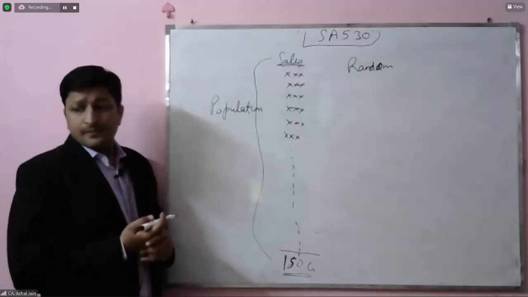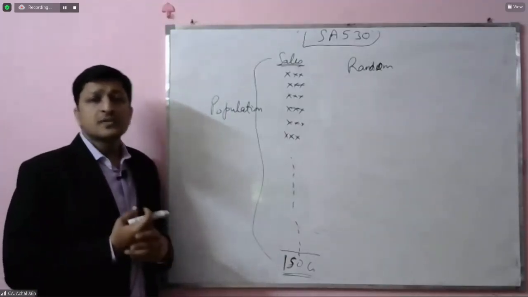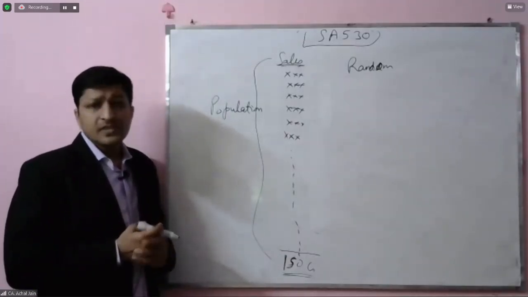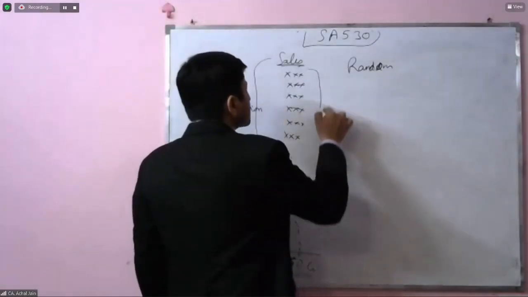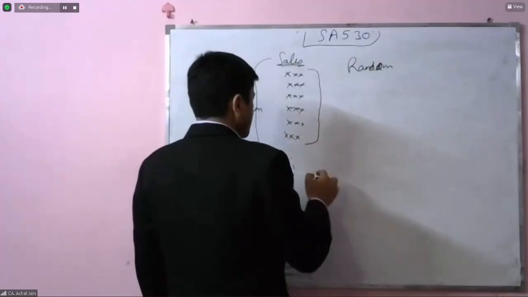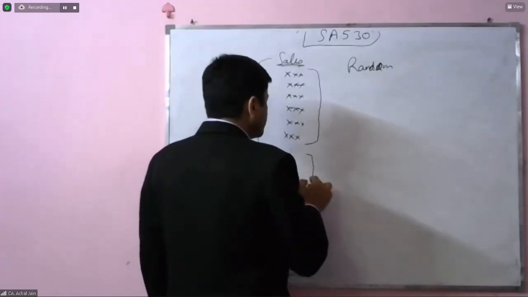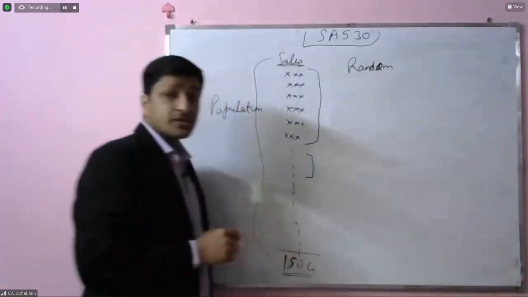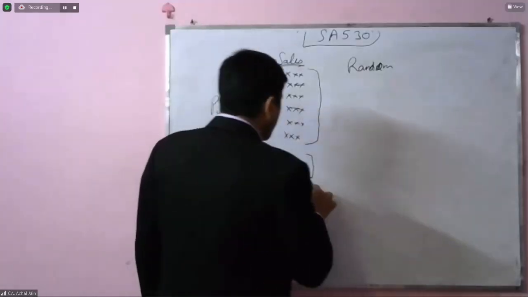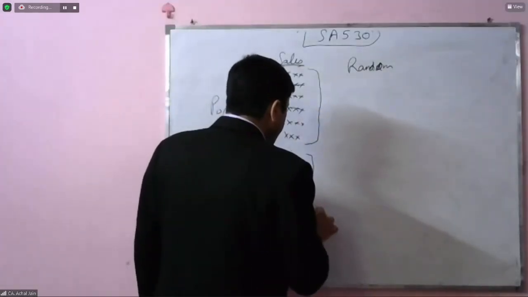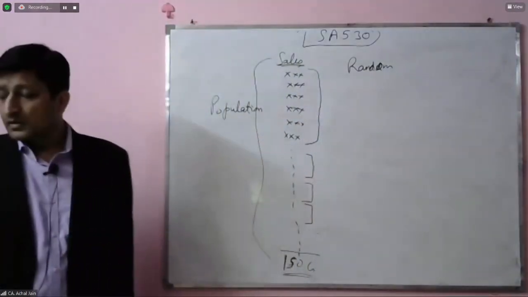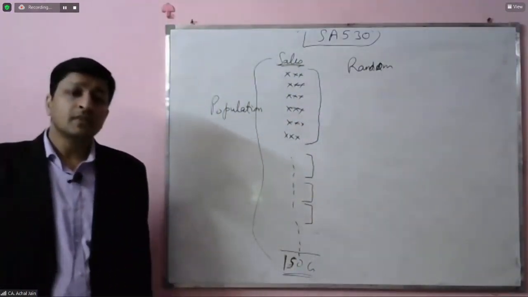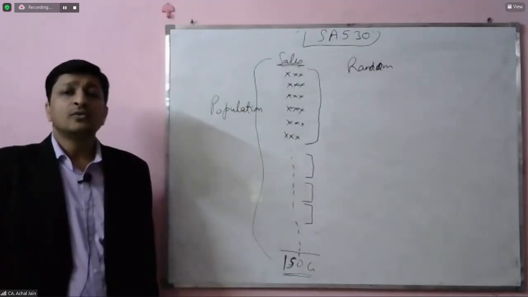Let's suppose the auditor wants to follow some system. Say he wants to pick up first 10 transactions, then leave 10 transactions, then pick up another 10 transactions, then leave 10 transactions. So it's a sort of system which he would have tried to create.